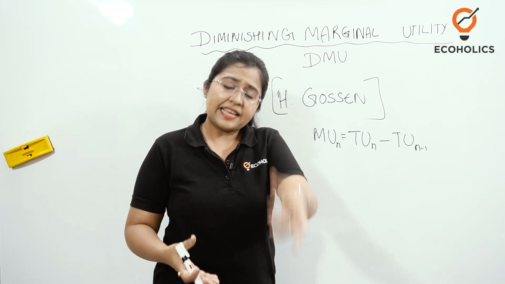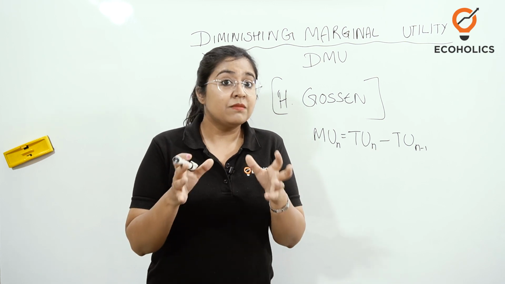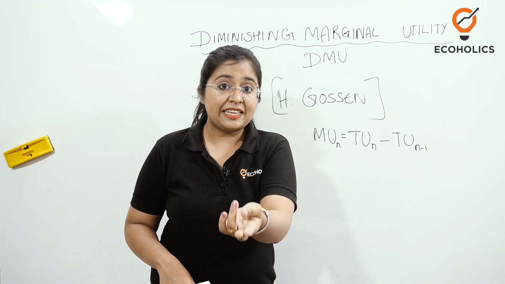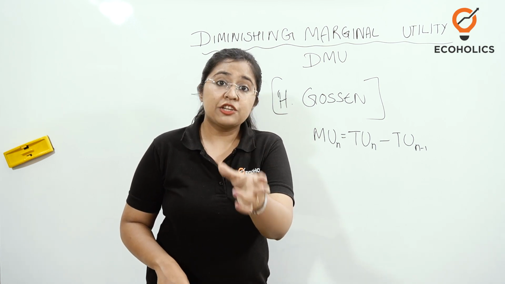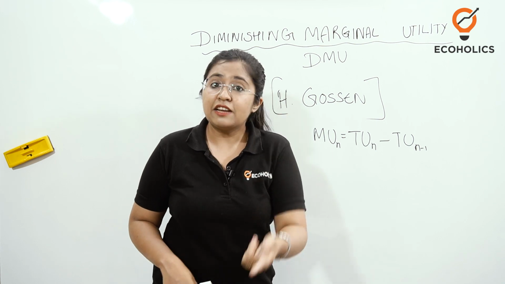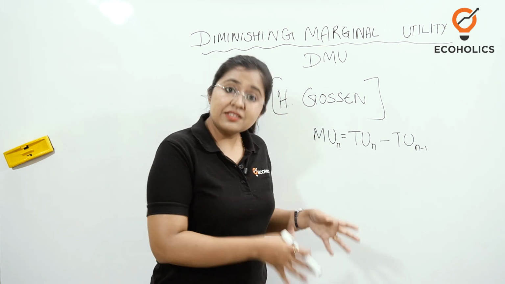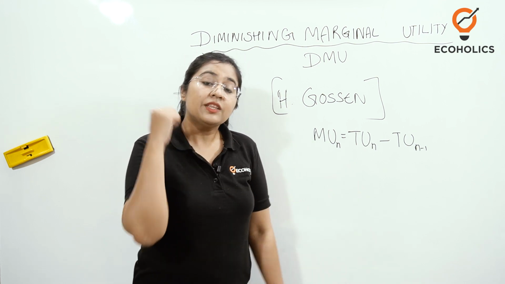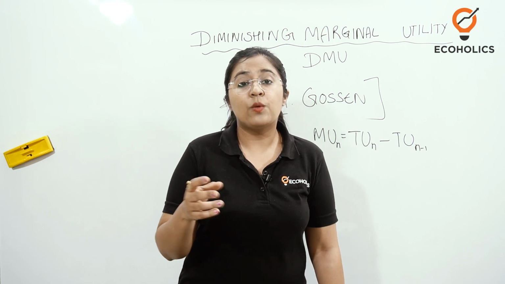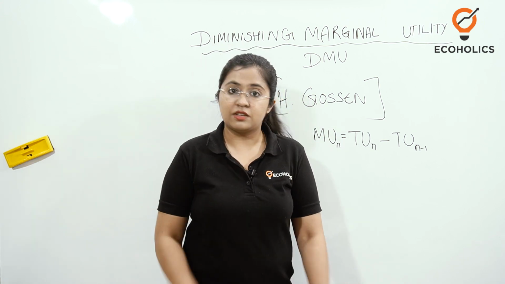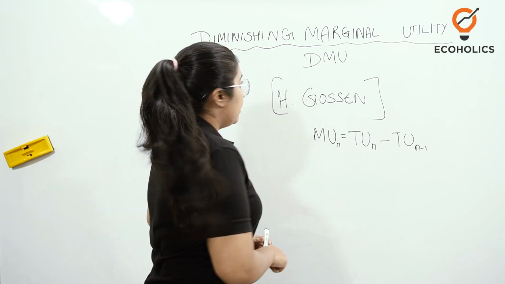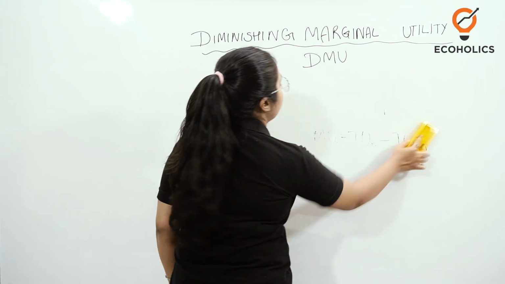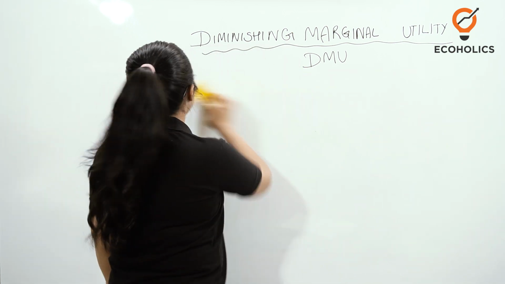The addition you gain from eating that second Frankie, which is added to the first utility, is known as marginal utility. So the addition made in the total utility when you have an additional unit of a certain commodity. Now we can understand this concept through a diagram as well as a schedule.